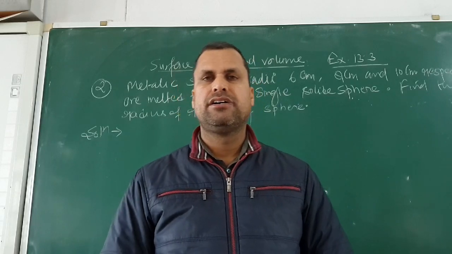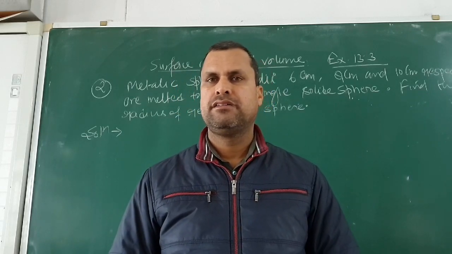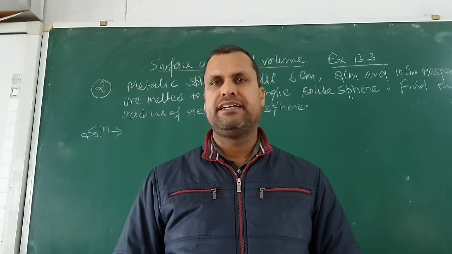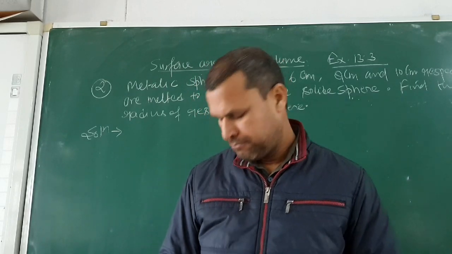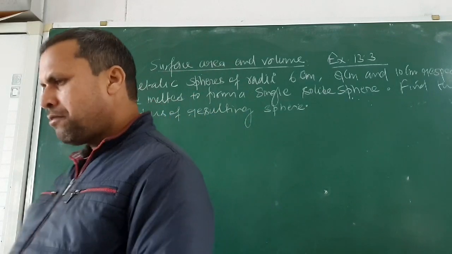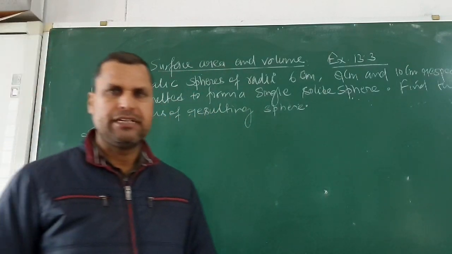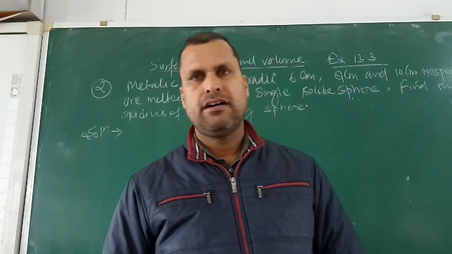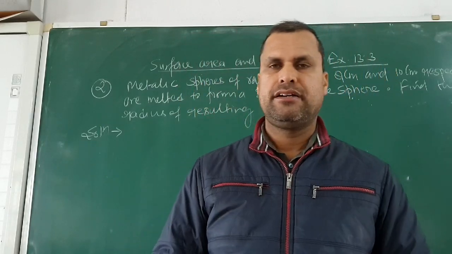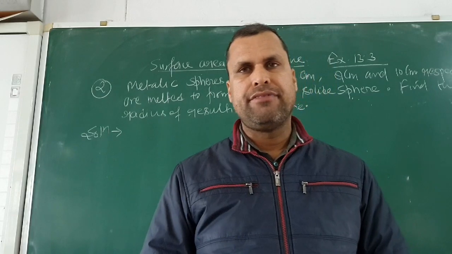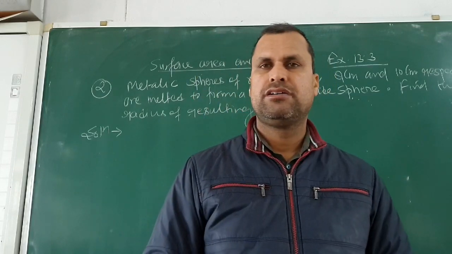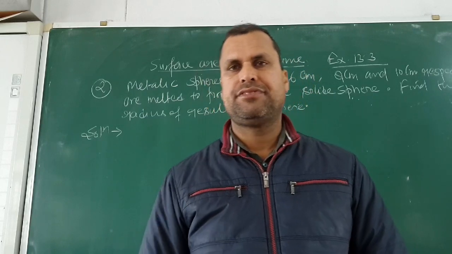Now find out the radius of the solid sphere. So, dear student, the sum of the volumes of all three spheres is equal to the volume of the solid sphere.